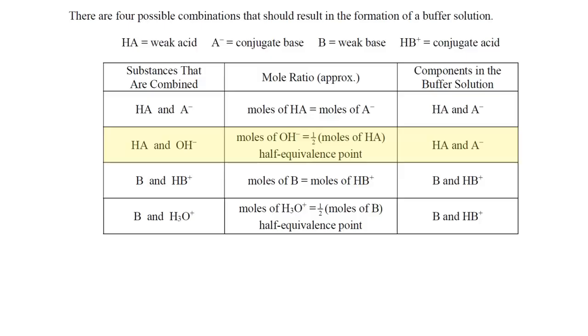Instead, to get to the half equivalence point. By getting to the half equivalence point, that means that half of the HA molecules would be converted into A- ions of the conjugate base, and that would produce an equimolar mixture of HA and A-.